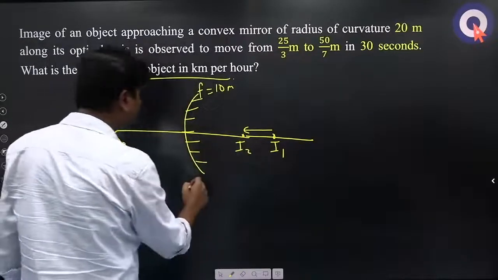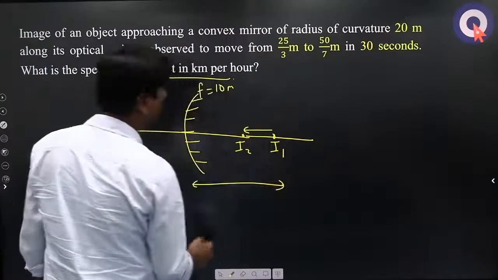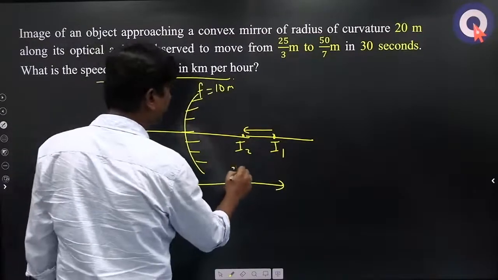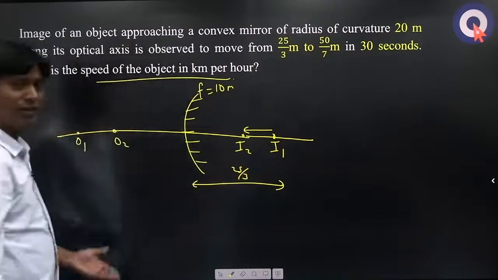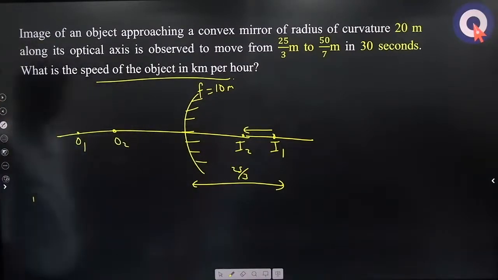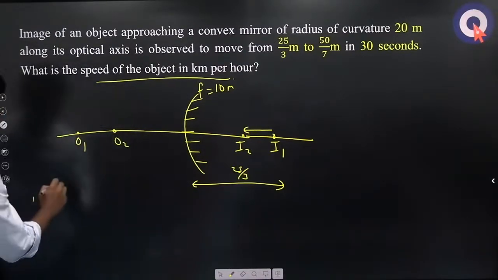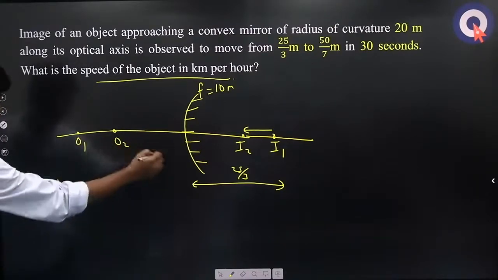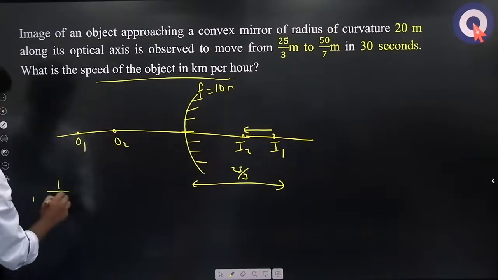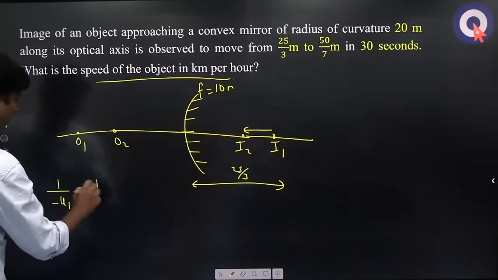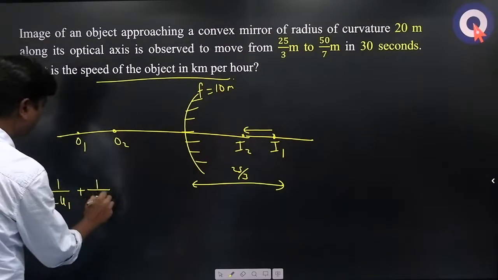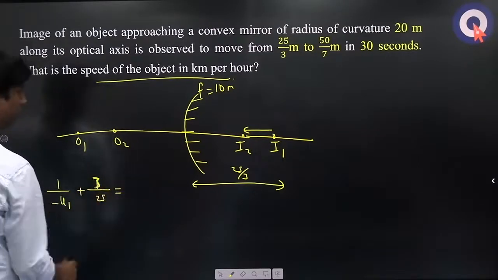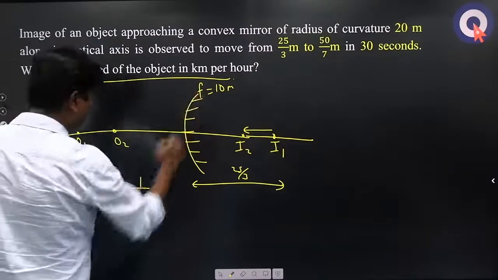Now the first image distance I have given is 25/3. You can find the object distance by using the mirror formula. So 1/u1, object is kept here, so minus u1, plus 1/v, 25/3, is equal to 1/f, and the focal length is positive.